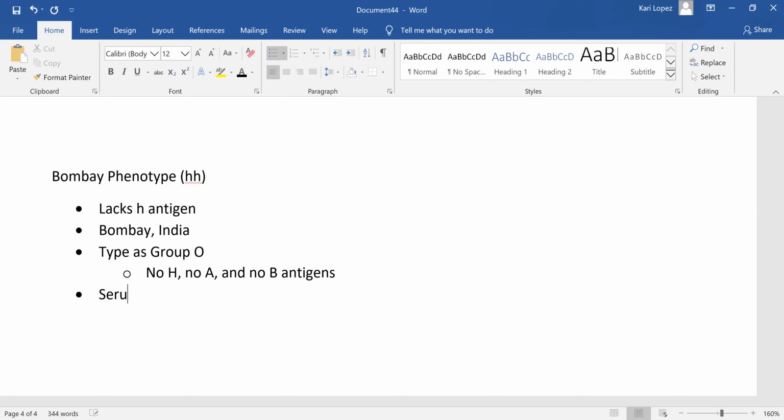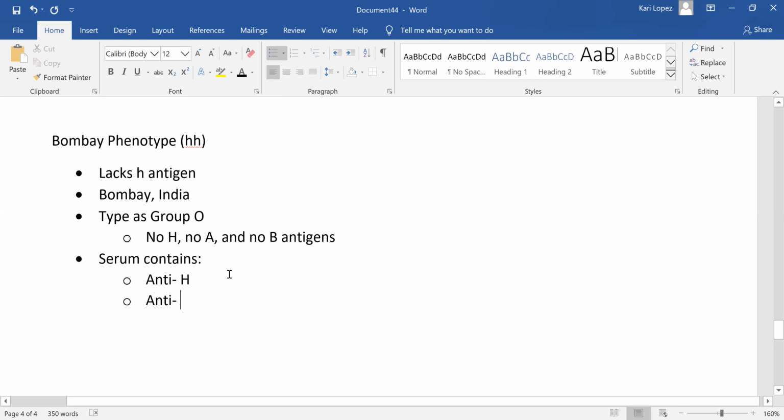But their serum contains anti-H. What else does it contain? So they have no H, no A, and no B antigens. So what do they have antibodies to?